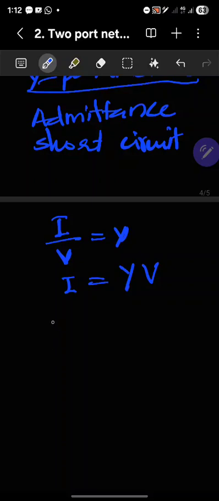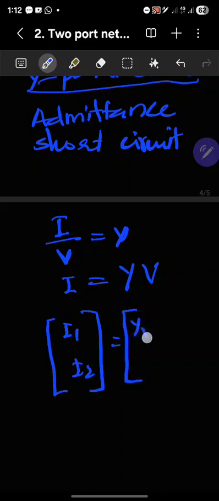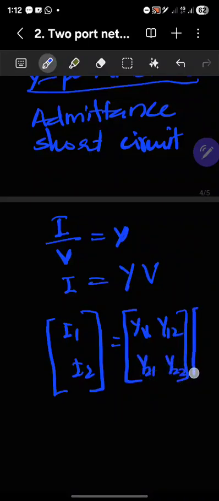In matrix form, we can write I1, I2 equal to the Y parameters matrix: Y11, Y12, Y21, Y22, multiplied by V1 and V2, and this bracket should be closed. I have difficulty closing it here on the screen; hope you can close this. So similarly we can write the expression I1 is equal to Y11 V1 plus Y12 V2. Hope all of you know matrix multiplication. Otherwise, you just need to revise it.